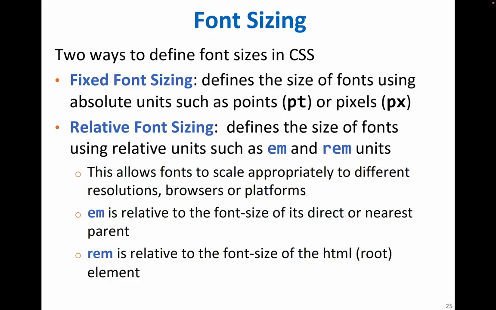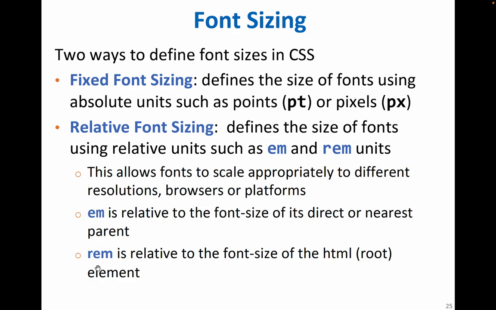For those cases, we can do two things. First, you can use a fixed font size, defining exactly the font size in pixels or points. Or you can make it a relative font size, which sets the size of an element based on its parent element or the root element.